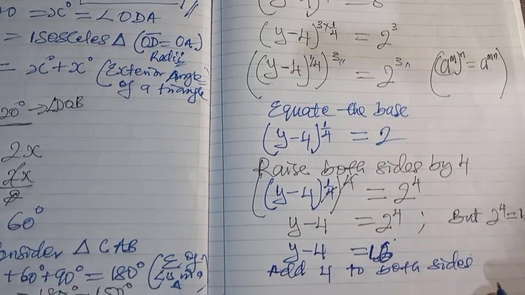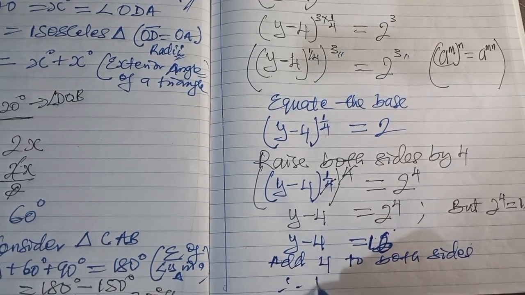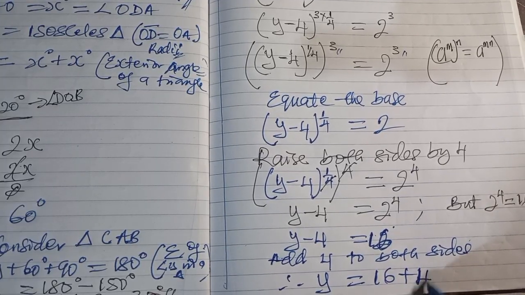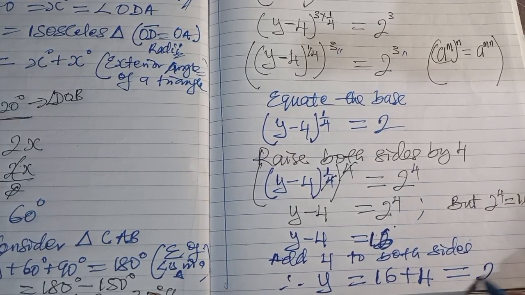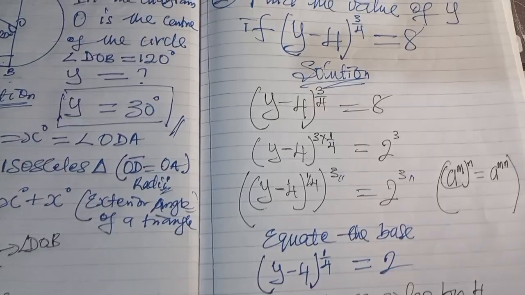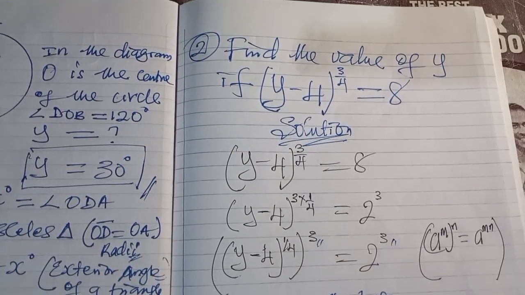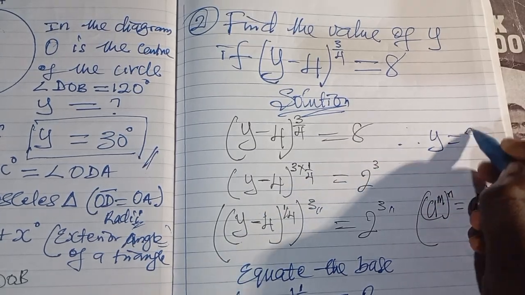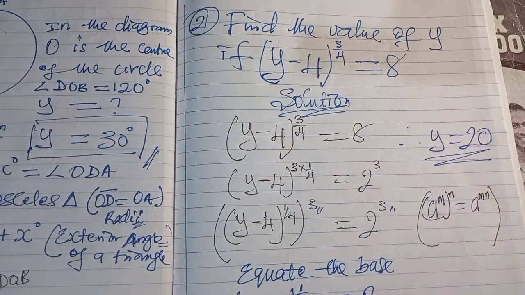Therefore, y is equal to 16 plus 4, which is equal to 20. So the value of y in this equation is 20. So y is 20. Alright.